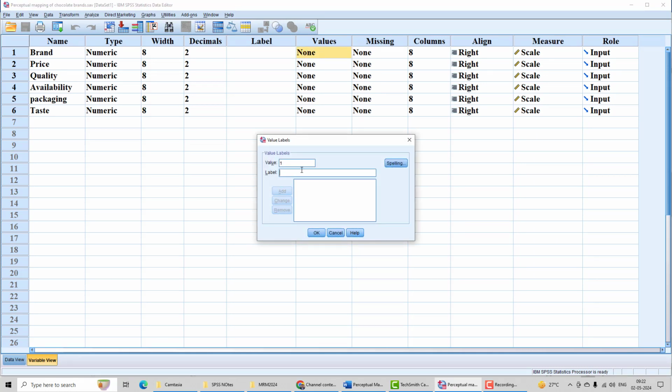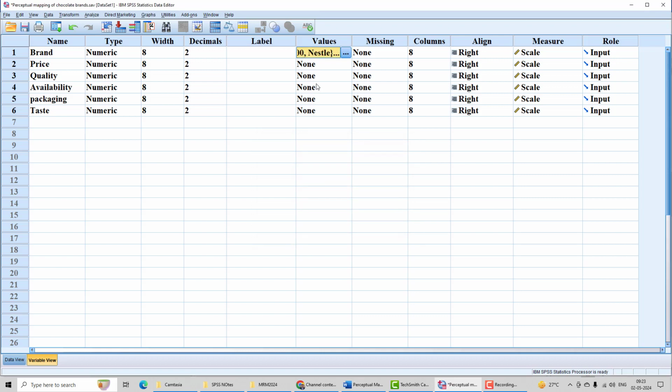So you can give 1 as Nestle and 2 as Cadbury and 3 as Amul, right? So you can make the values here also accordingly.